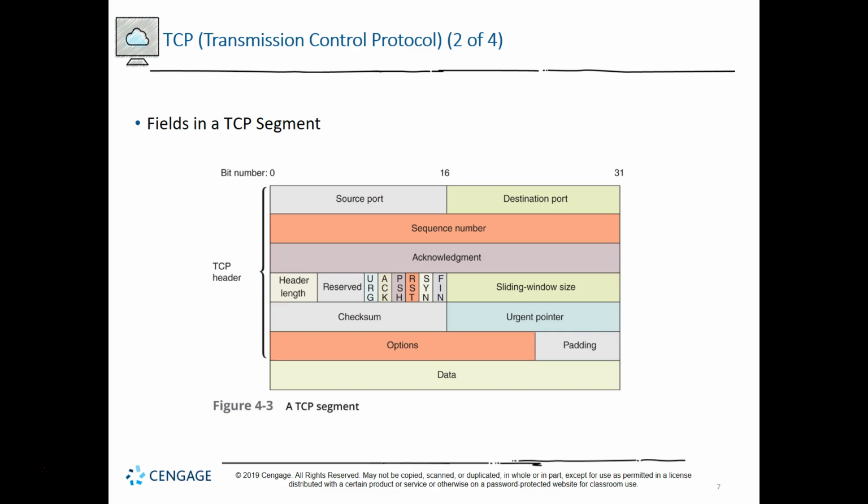So we need to look at this data and what it looks like. Remember, TCP is in the transport layer. It gets a header, and we're going to look at what this header looks like. Think of this chart as bits, zeros and ones only.